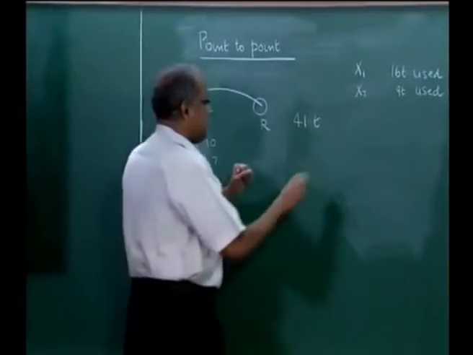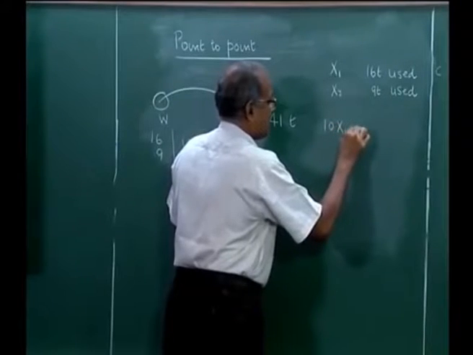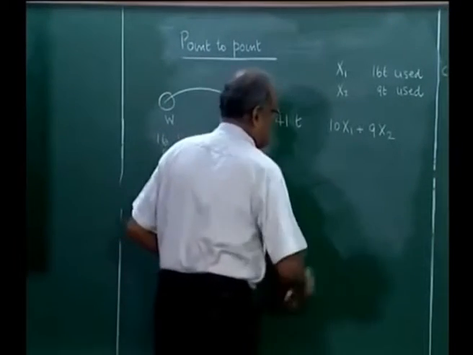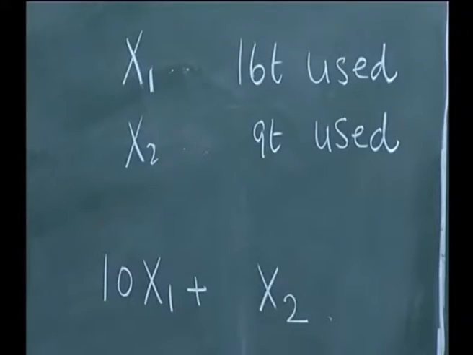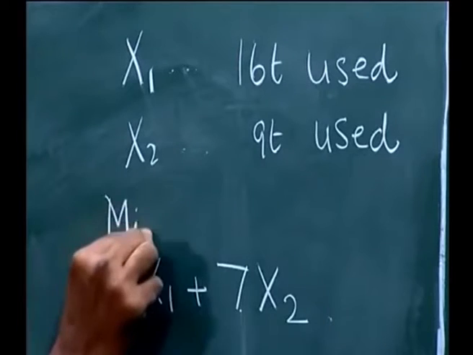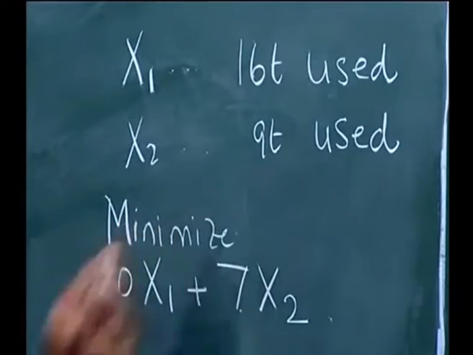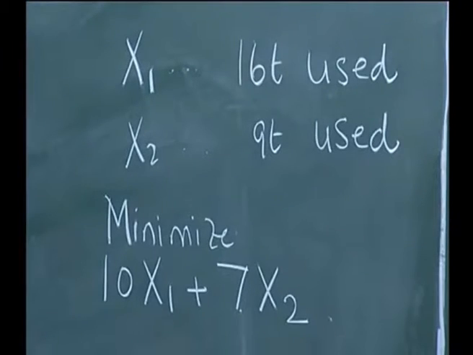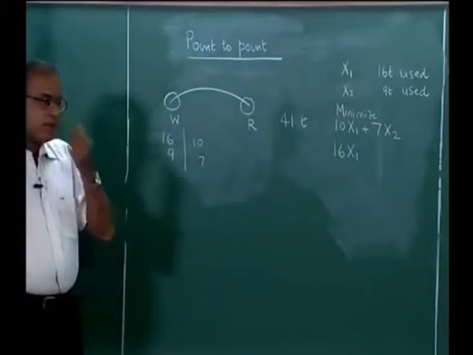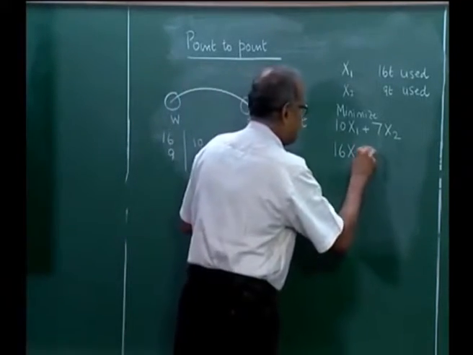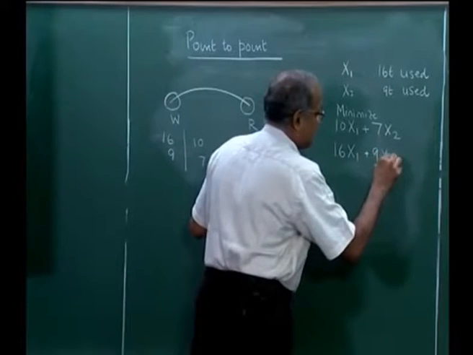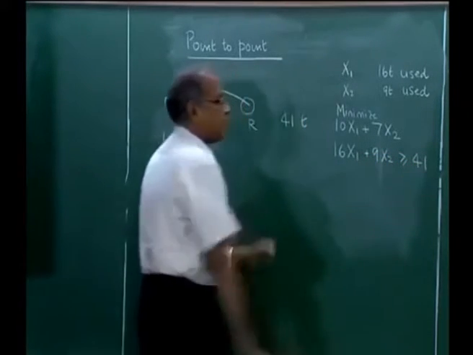So, the total cost will now be 10x1 plus 7x2, which has to be minimized, subject to, if I am using x1 trucks of this type, I can carry 16x1 items. If I use x2 trucks of this type, I can carry 9x2, and the total is greater than or equal to 41.